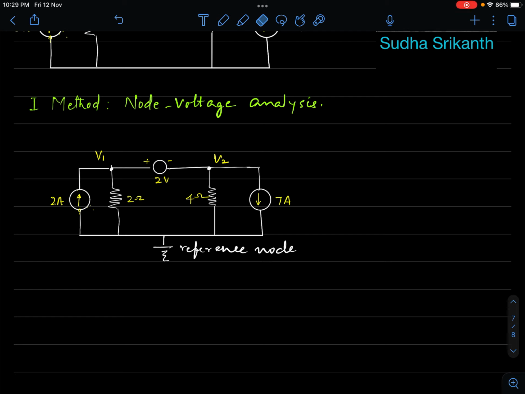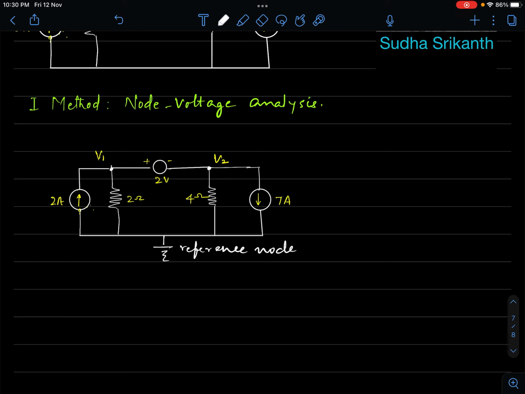Now my equations are simple. I can write down the node voltage equations, and then arrive at the solution. We have two unknowns, so we need two equations. How do we write the equations? We look at the supernode here. The concept of the supernode has to be understood. This entire thing is a supernode.